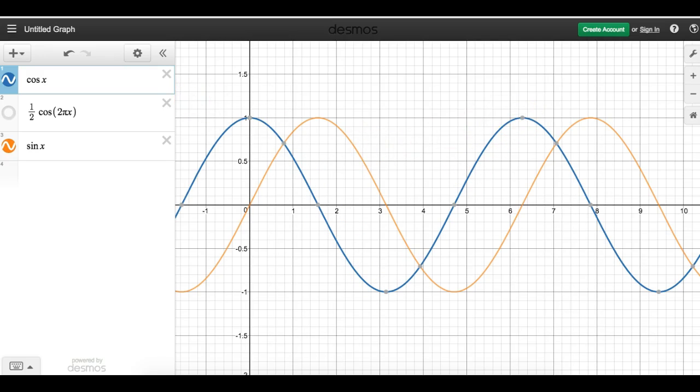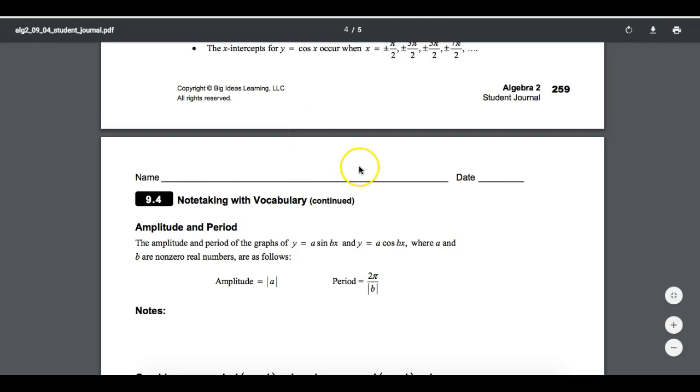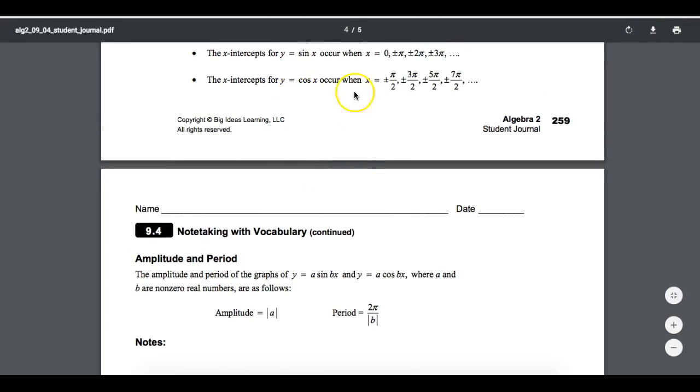All right, now in terms of your intervals for your x-intercepts, for cosine, our x-intercepts occur every pi. They start at pi over 2, and then when you add pi, they go forth from there. So pi over 2, 3 pi over 2, 5 pi over 2. So at pi over 2, and then at intervals of every pi, you have intercepts.